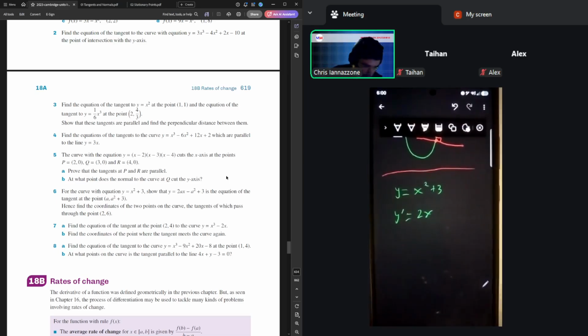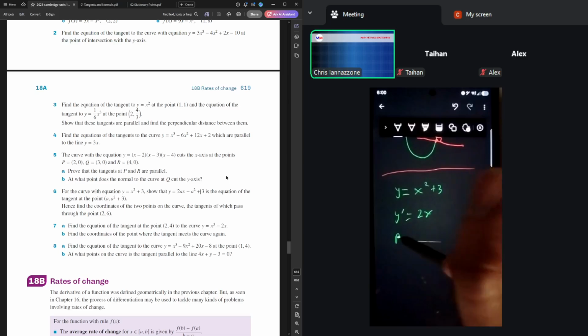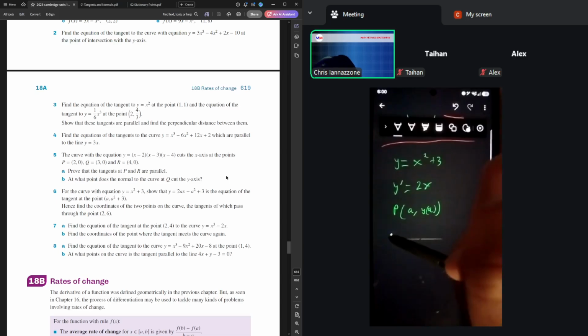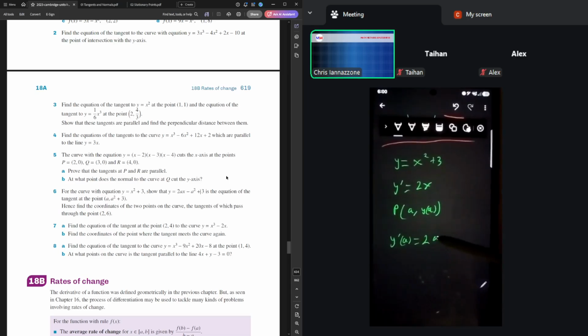From here, the point that was mentioned was a comma, essentially just a comma y of a, really, that's all it is. The derivative only cares about the x value. So y dash of a therefore gives us 2a as our gradient m.